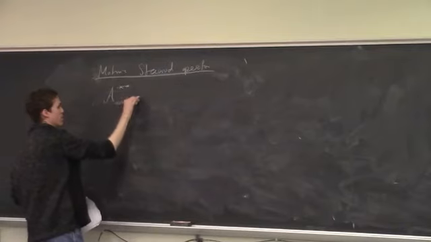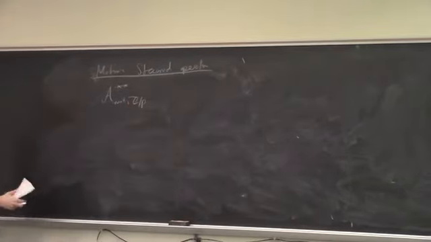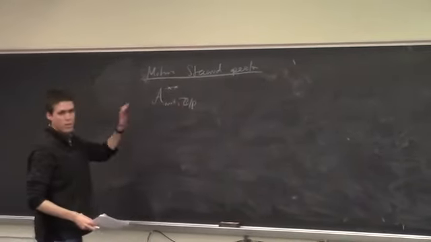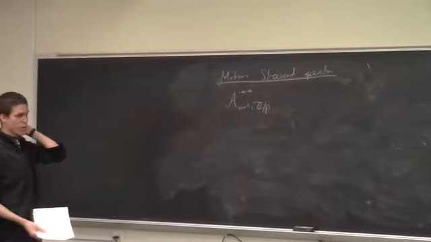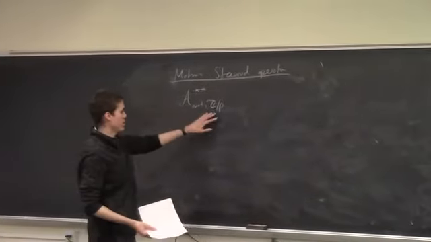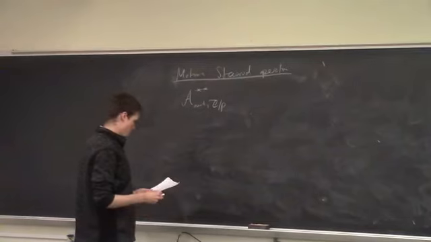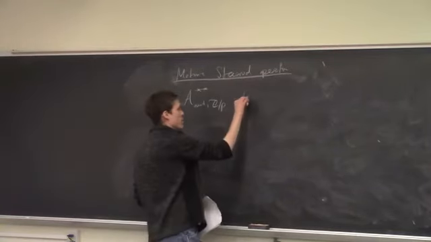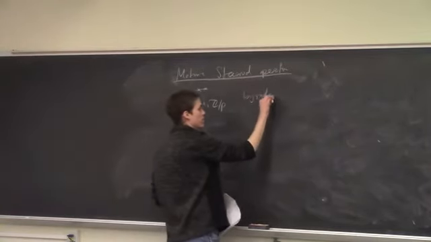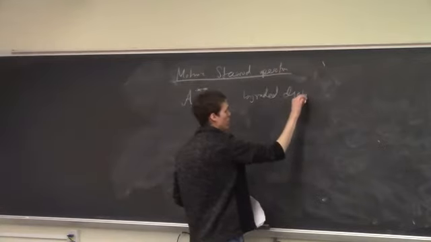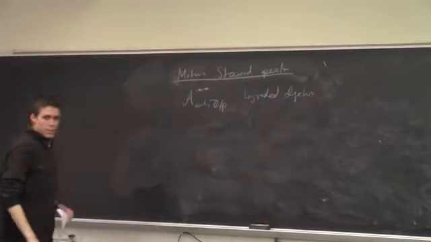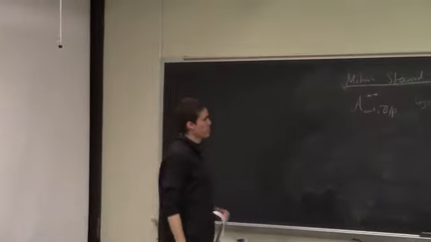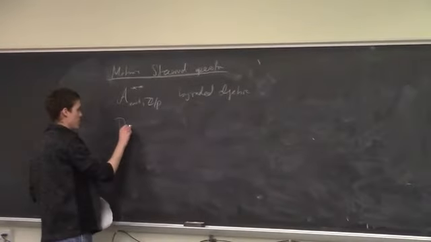Let me just write Motivic Z mod P. It's defined in a similar way as before, but now we use Motivic homology instead of singular homology. So it's a bi-graded algebra, and we'd like to compute it. Let me state the theorem.